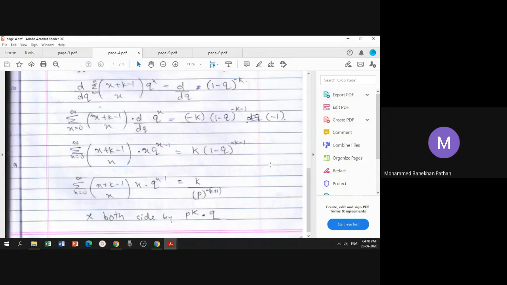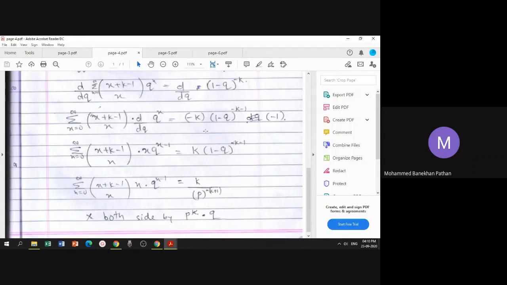You might be familiar: if y equals x raised to n, dy by dx equals n times x raised to n minus 1. Same thing here also. Differentiation is for q, so q is a variable and x is a constant here. So this x becomes multiplied and power reduced by 1.